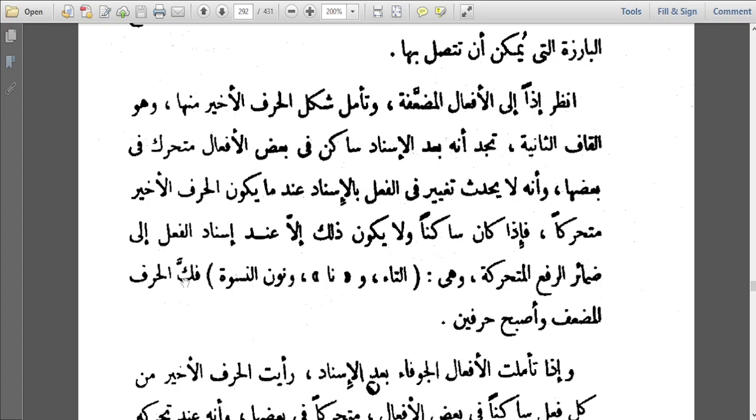If you are doing this isnad, you put the verb together with a ضمير الرفع which is either the ta or the na or the nun al-niswa.